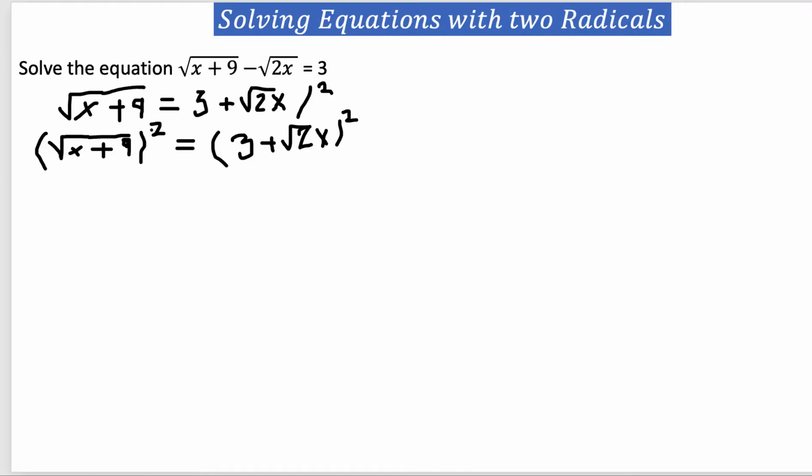So I'm squaring both sides. The square with the index is going to cancel, or simplify, better to say, and what remains here is just x plus 9.